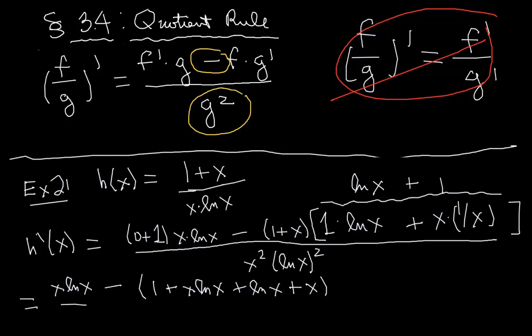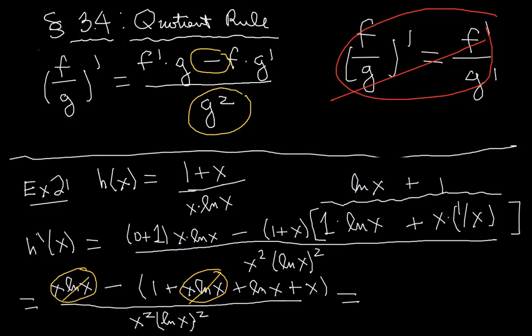And I still have on the bottom x ln x, that whole thing squared. When we distribute this minus sign, the x ln x terms will go away. So what we're left with is negative 1 minus ln x minus x, all over x ln x squared. Okay, so that's the final answer.